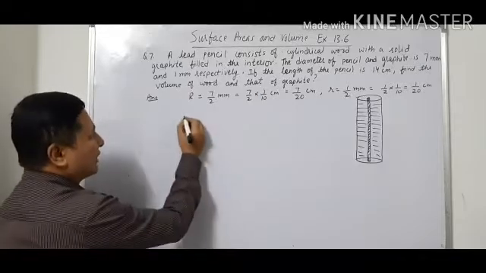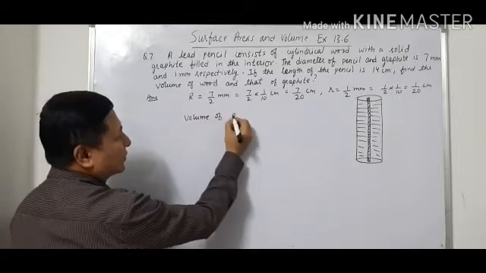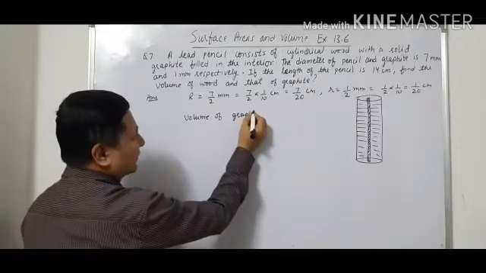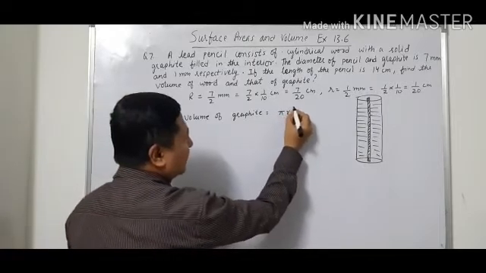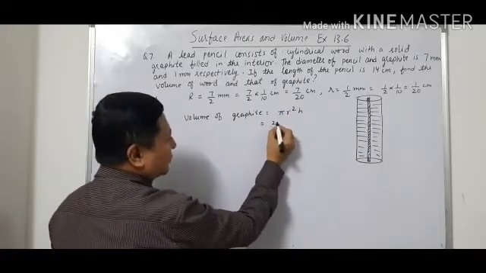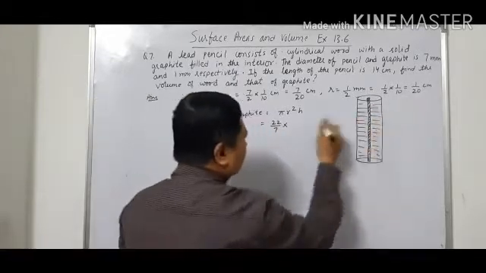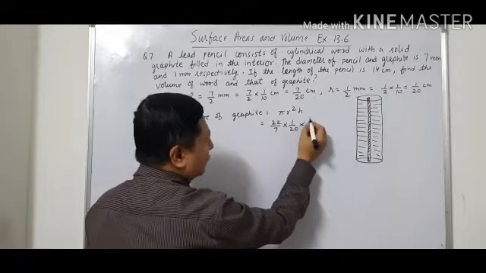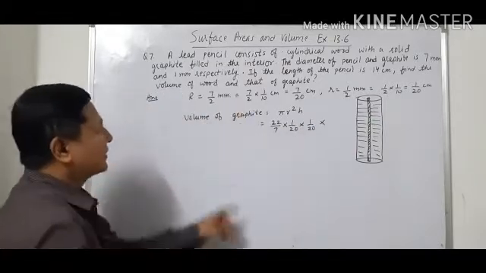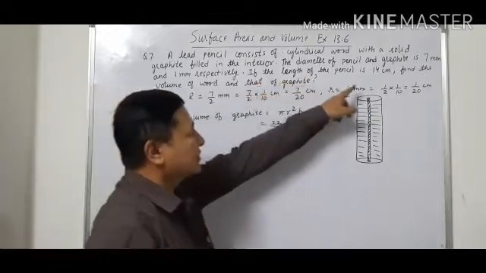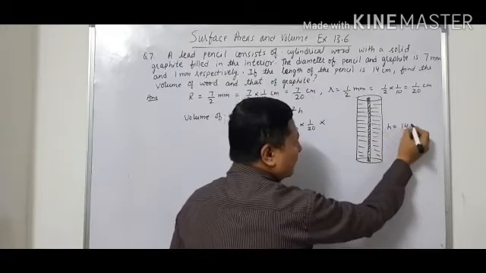Now in this question we have to find the volume of wood and that of the graphite. First we will find the volume of graphite. The volume of graphite, which is cylindrical, is given by the formula pi r square h. So that is 22 upon 7 into 1 upon 20 into 1 upon 20 into h. It is given that the length of the pencil is 14 centimeter, so the height is 14 centimeter.